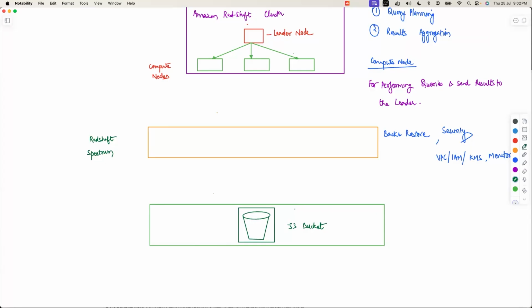So the help which the Spectrum will be providing is for whatever data is already in S3, and you are not loading any data to the Redshift cluster or the nodes. So you will query the data. Let's say you have this Spectrum sitting over here. I will create multiple boxes over here.